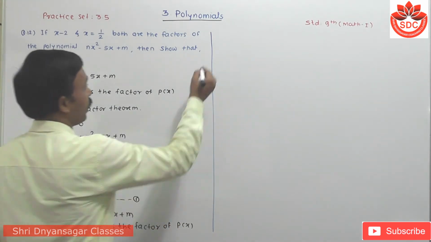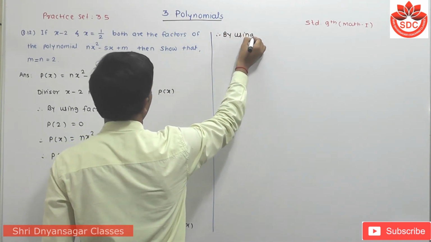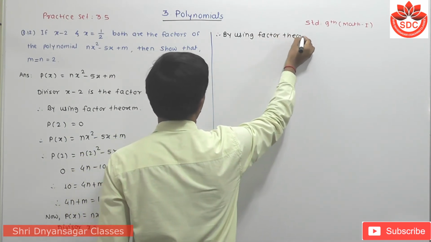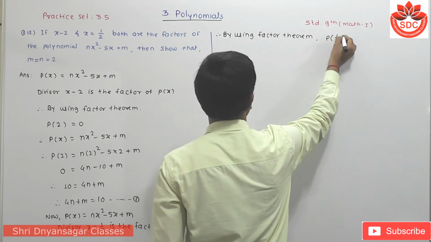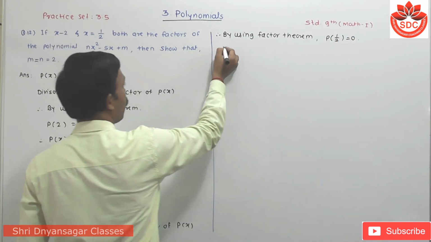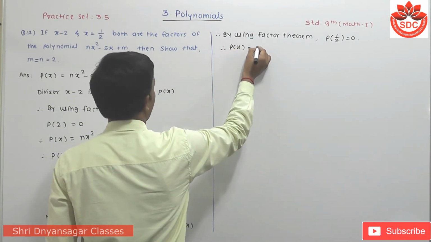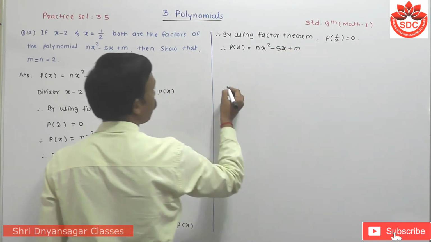Therefore, by using the factor theorem, p of 1 upon 2 is equal to 0. So I have to again write here p of x is equal to nx square minus 5x plus m.